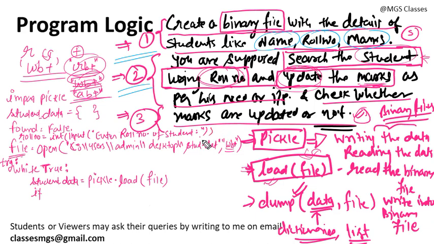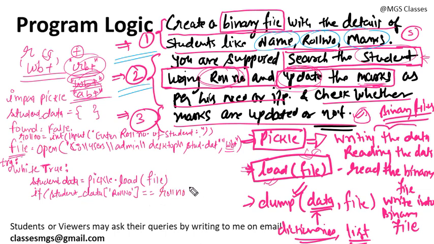Okay, we are going to take the roll number of the student. Now we will check the student roll number against the file record that we have taken from the binary file, and this is the dictionary. It will return student_data, and the roll number is stored in the roll number key. Then you need to check whether it is equal to the roll number that you are searching.